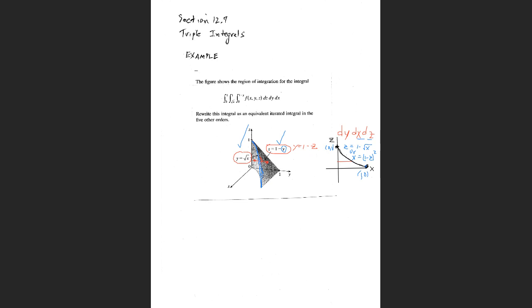This would be your arrow, or line segment, and it would go from the vertical line x equals 0 to x equals 1 minus z squared. And so now you get all your limits.